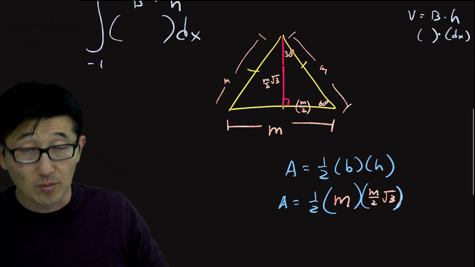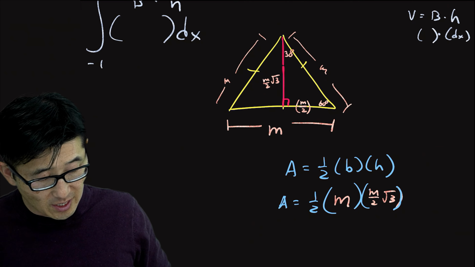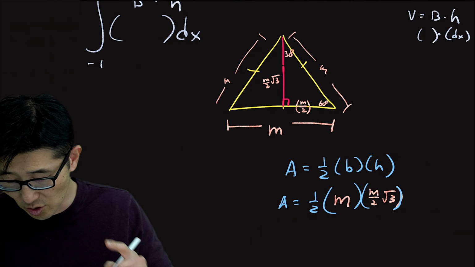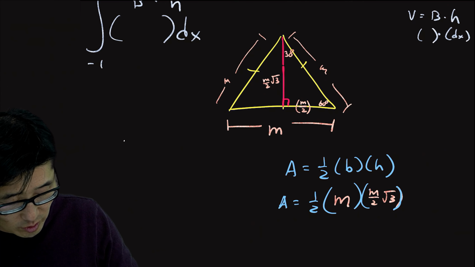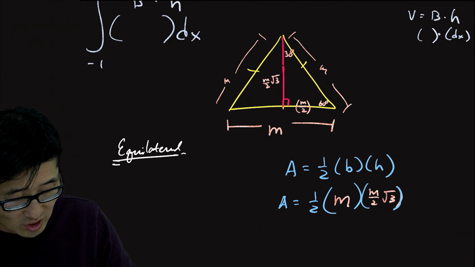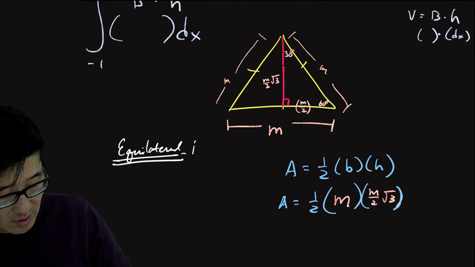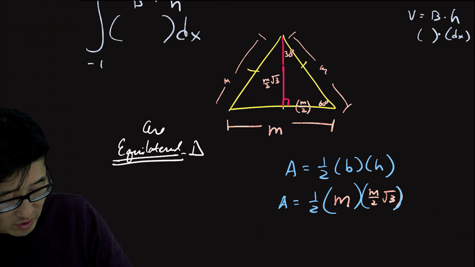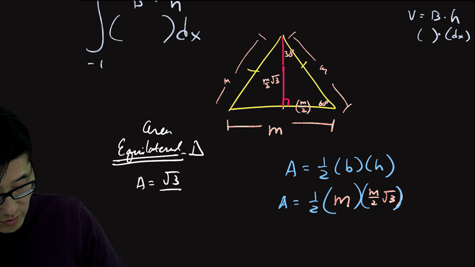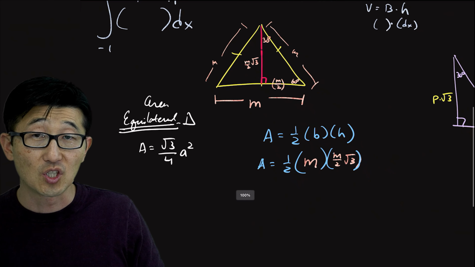Now, I like to derive things by hand, as you can see, because I just don't want to memorize so many things. But here's an equation for an equilateral triangle. You can memorize this, and if it's on the test, you should definitely. Area of an equilateral triangle: area equals radical 3 over 4 a squared. Wow, that makes it much easier.